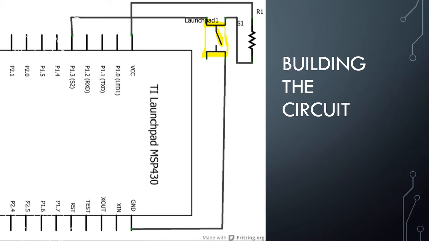On our top right corner, you'll see we have this connected to a resistor and then it's connected to our power source. This bottom right corner is grounded, and then the top left corner is connected to our pin 1.3. This is the exact same thing as the picture that we just looked at, but in diagram form.